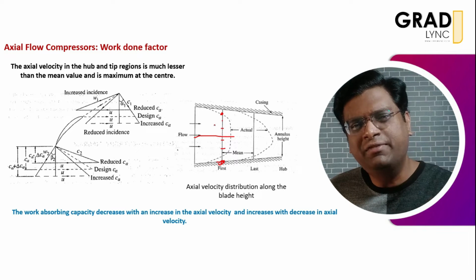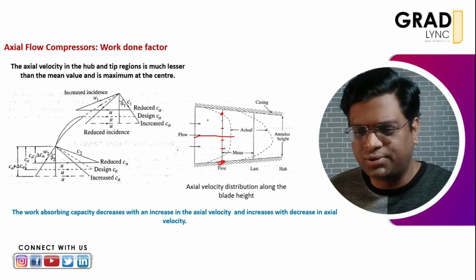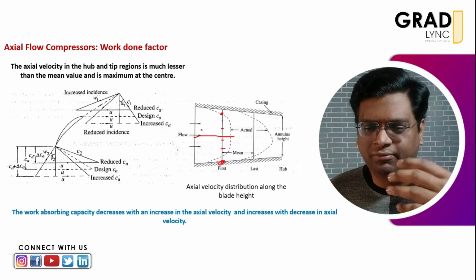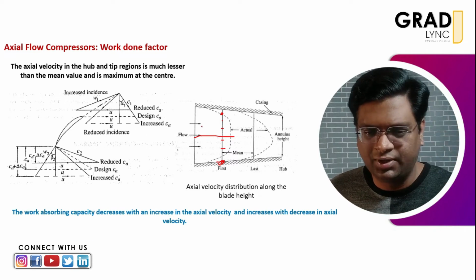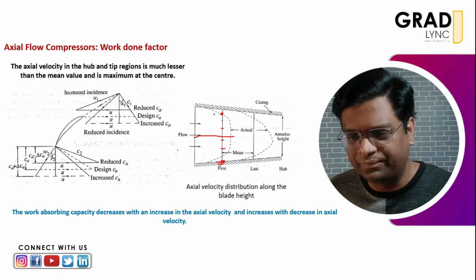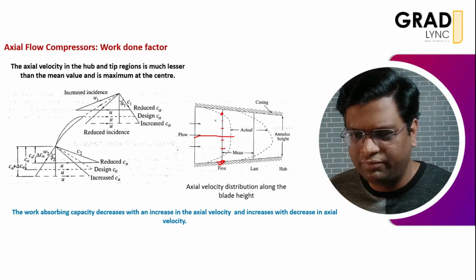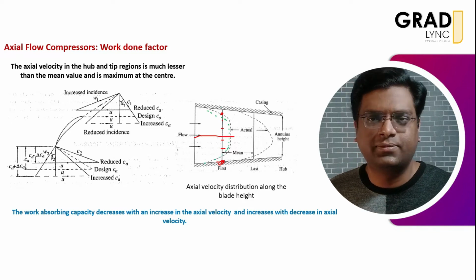But when we defined velocity triangles, we defined only one velocity triangle, right? So how do we finally arrive at one particular velocity when we have different velocities at different blade lengths? If you can see the dotted line, this is the magnitude of velocity at each and every point from root to the tip, right?